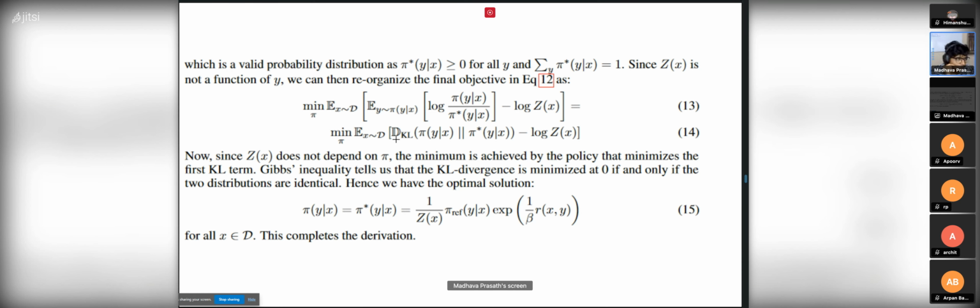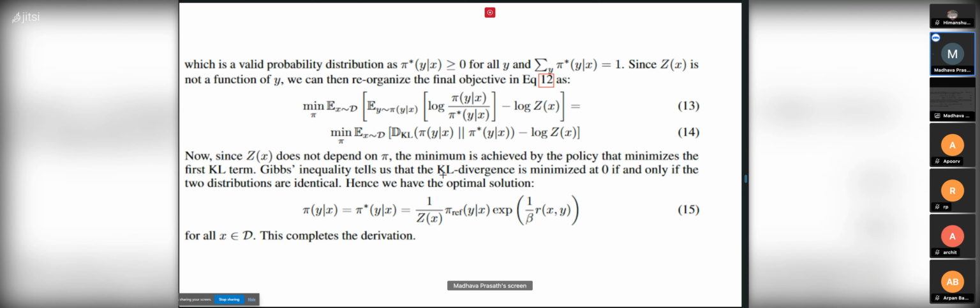To have a minimum configuration, or a minimum energy function, in this setup, we should have the distance between these two distributions as 0. That's what they said. If the distance between these two is 0, it means they are identical distributions.